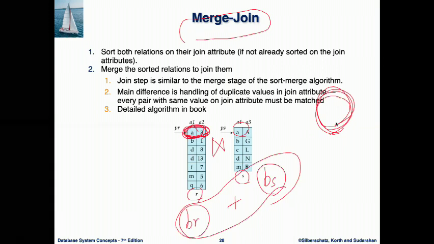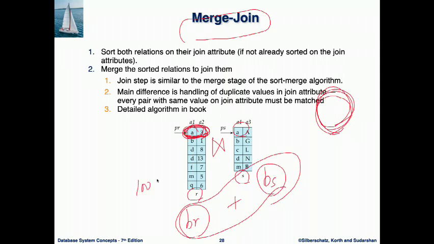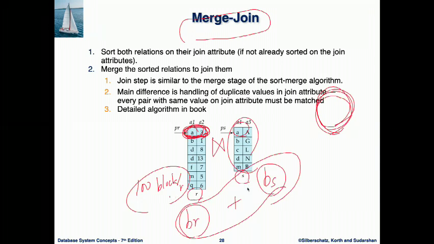So there is no writing. Each record will be read once. So if there are like 100 blocks in relation R, then how many block transfers are you going to have with regard to R? Yeah, 100 block transfers, because each block will be read only once. Each block in S will be read only once as well. So if 100 blocks in R, 100 blocks in S, then 200 block transfers, that's it.